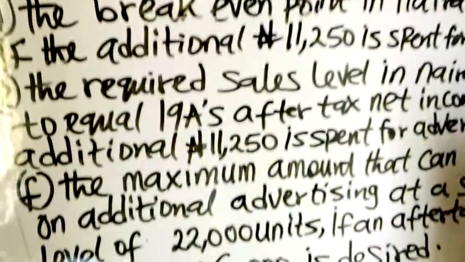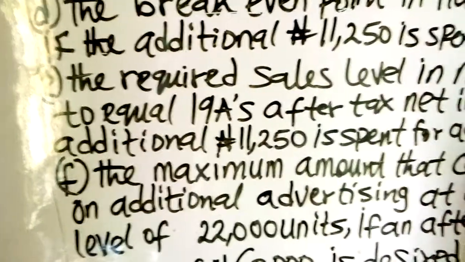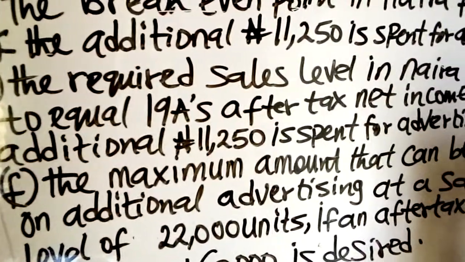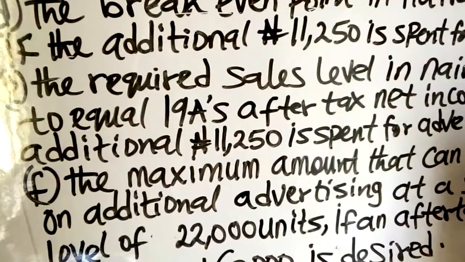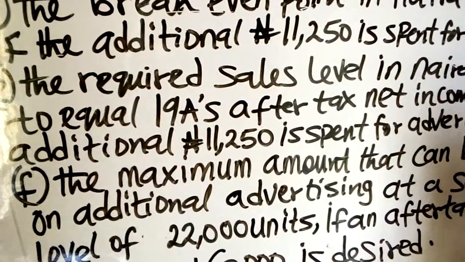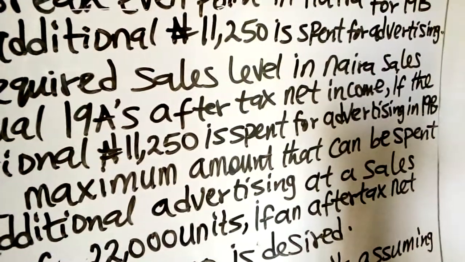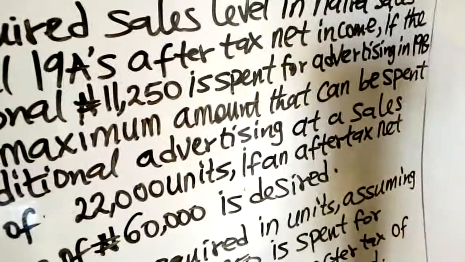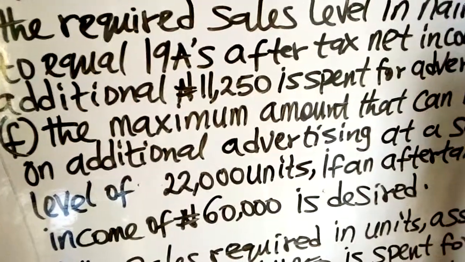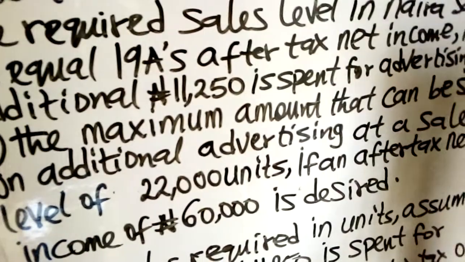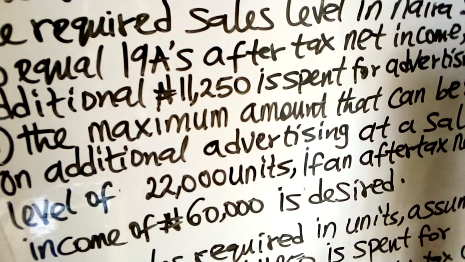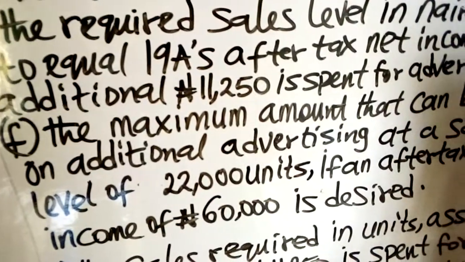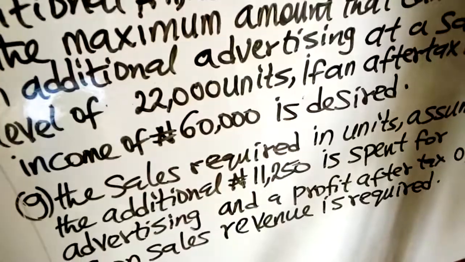Then E, the required sales level in naira sales to equal 19A's after tax net income if the additional 11,250 is spent for advertising in 19B. F. The maximum amount that can be spent on additional advertising at a sales level of 22,000 units if an after tax net income of 60,000 naira is desired.